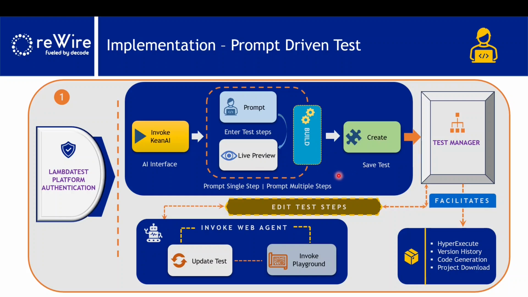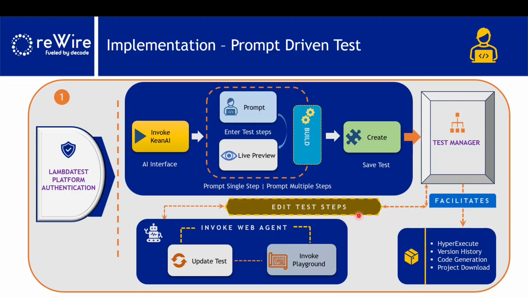Once that entire process is completed, you will be allowed to navigate to select the folder in the test manager, and it asks you to save the test into the test manager. Once that is saved to the test manager, you will be landing on the edit test steps screen. Further, if you want to add some more steps, or you want to alter something, or change the sequence, that is possible using this edit test steps interface.